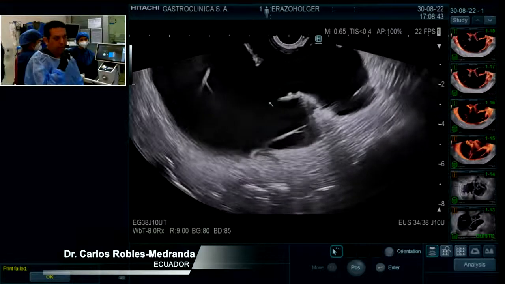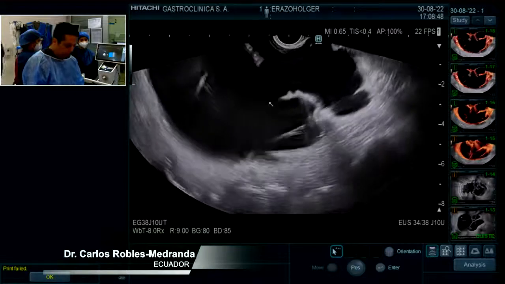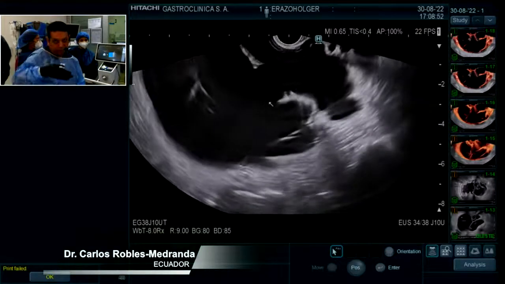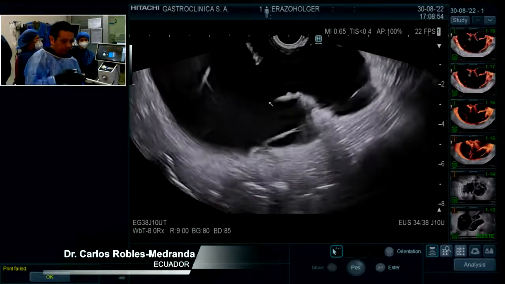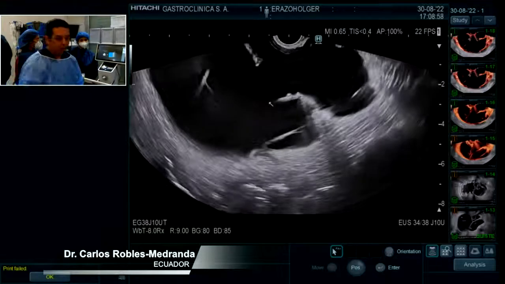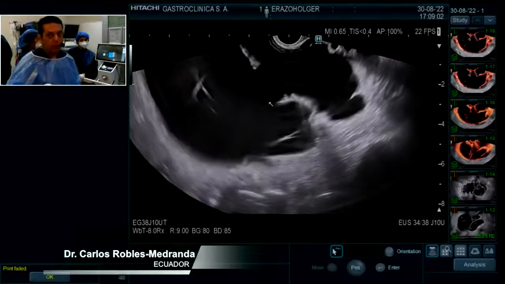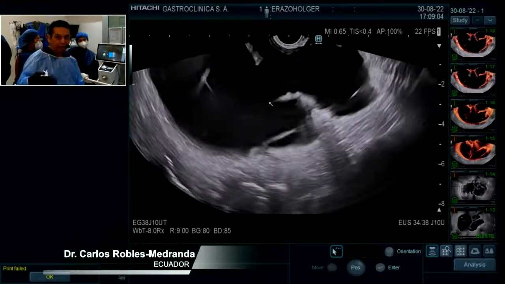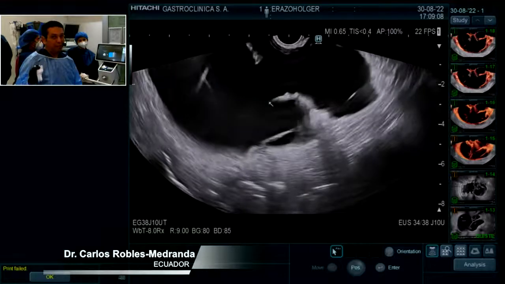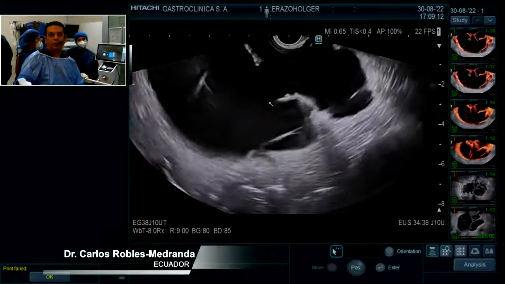But what we saw is that when we added different technology, moreover when we added confocal and micro biopsy forceps through the needle, we arrived at around 90 to 95% accuracy for the cystic lesion as histology diagnosis.